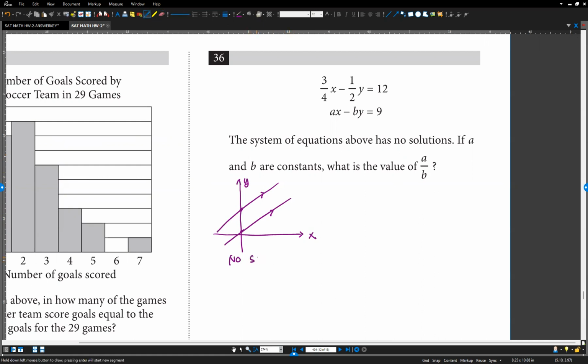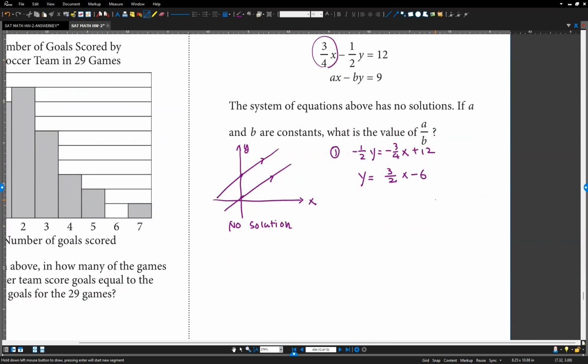For the first one, maybe you can use the slope. -1/2y equals -3/4x, then move this number to the right and plus 12. Times -2, y equals 3/2x minus 6.